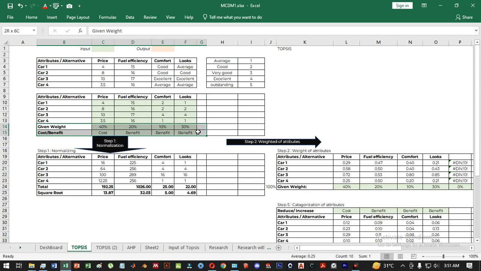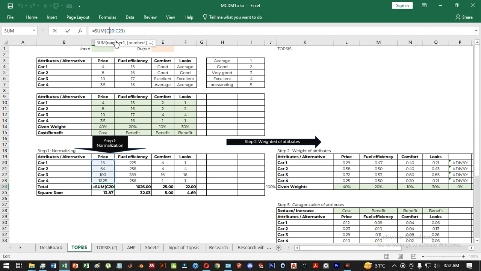After putting this, the first step is called normalizing. What does normalizing mean? First, we have to sum all the values, the total values. As you can see in the formula section, we sum all the values here, and then we take the square root of this total.